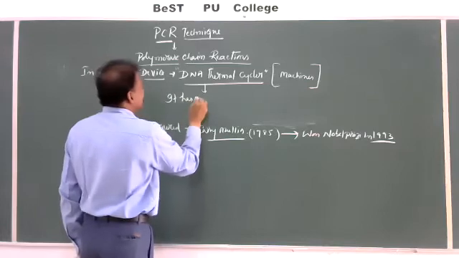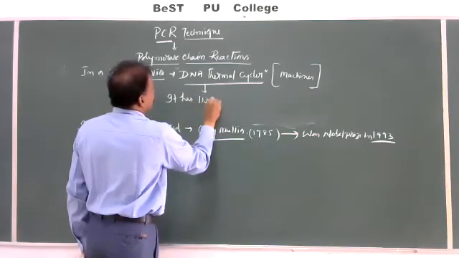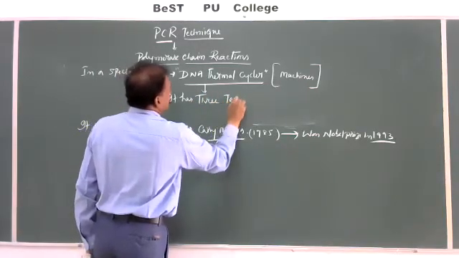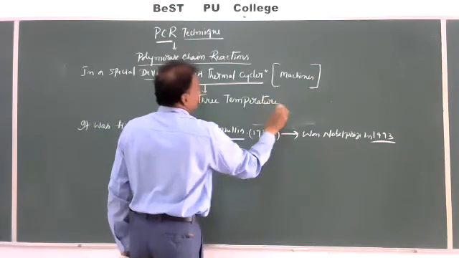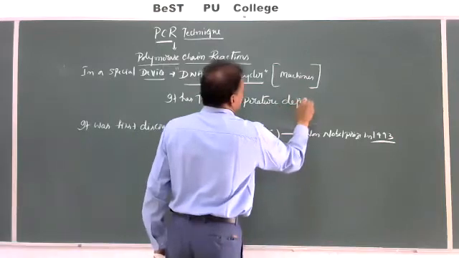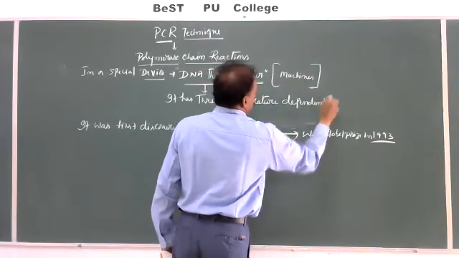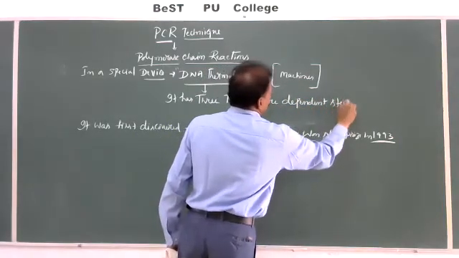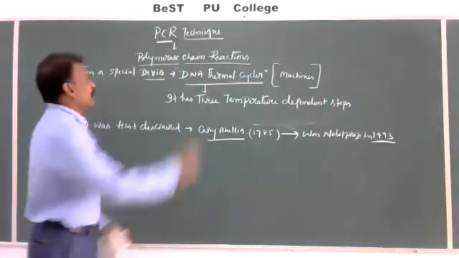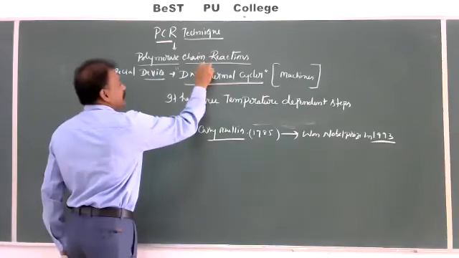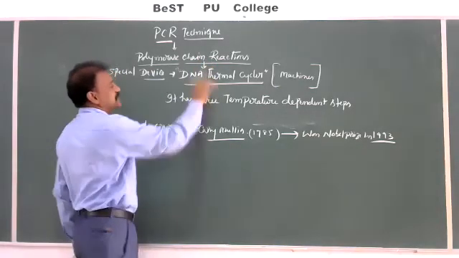It has 3 temperature-dependent steps. So the process is called polymerase chain reaction, and polymerase chain reactions can be made possible in the thermal cycler.